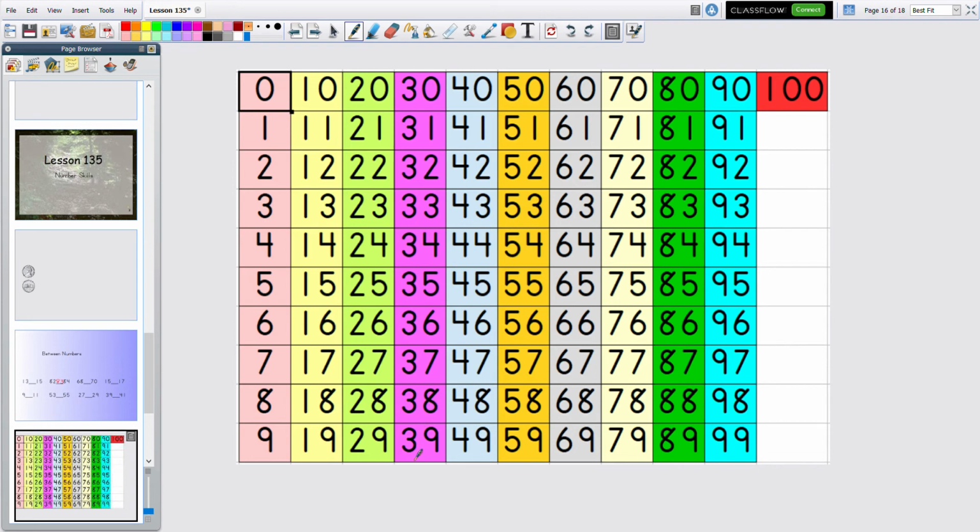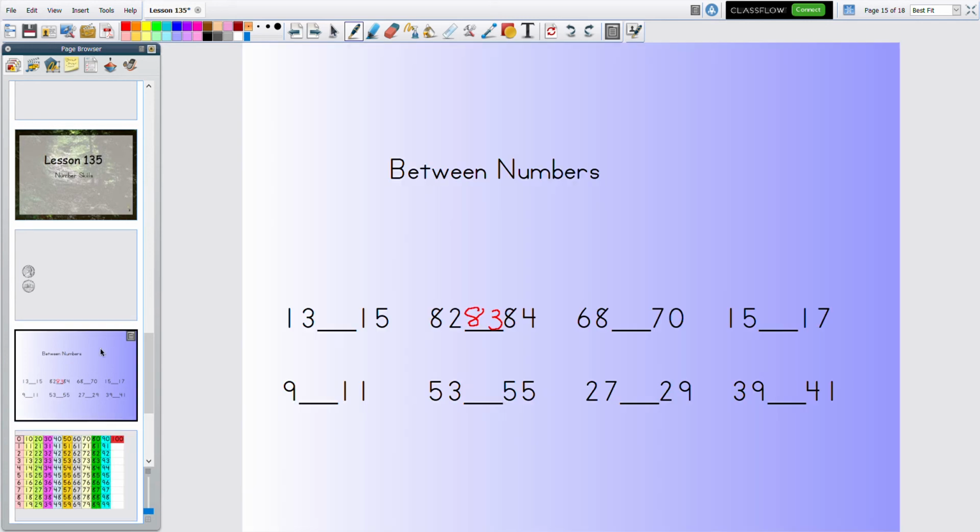So we can't go any further down. We have to go up to the next one. So after 39 is 40. So let's go back there. 39, 40. Nice big round zero is daddy. 39, 40, 41. Very good.